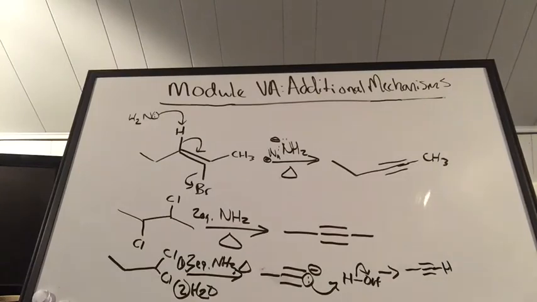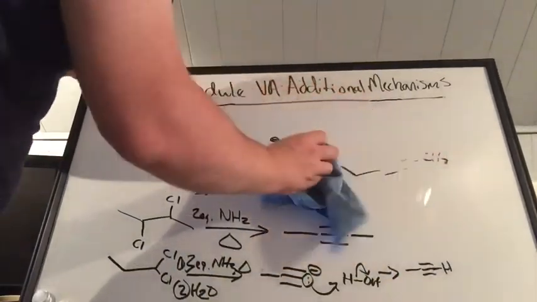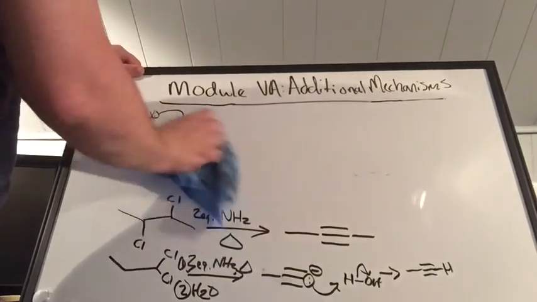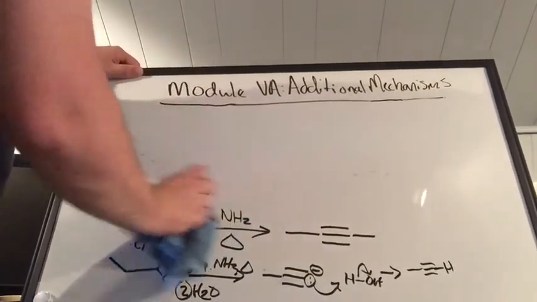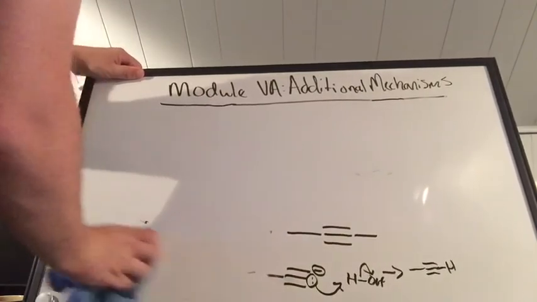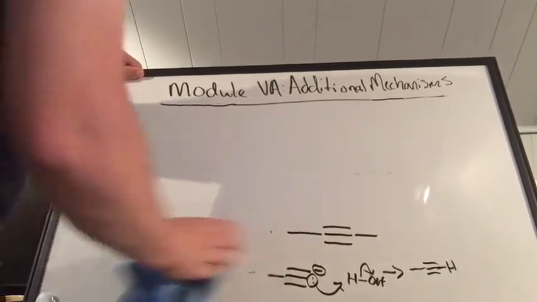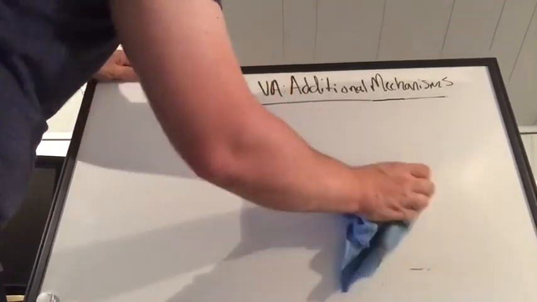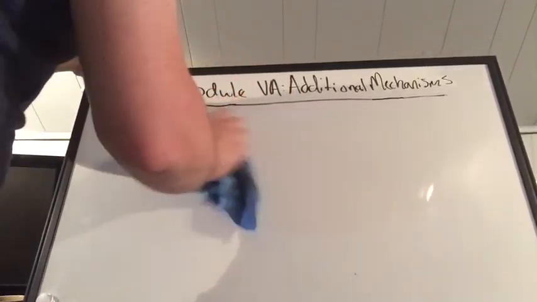Okay, so that's one example of E2 mechanisms. Now we're going to get into anti-Zaitsev product generation. So this is going to go to alkenes instead of alkynes like you've seen. Same mechanism, different materials used.